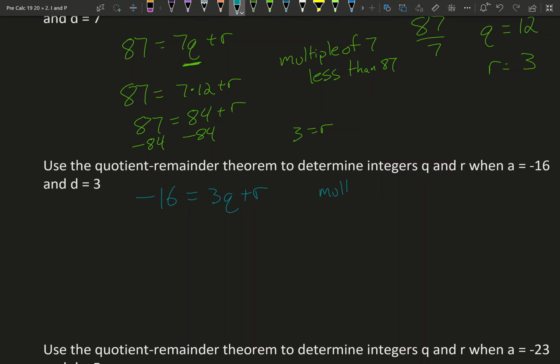We need to find our multiple of 3 that is less than negative 16. What trips people up sometimes is you take a look at this and go, oh, well, negative 16 divided by 3, well, we've got negative 5 with a remainder because negative 15, right, and then we go from there. That is not how it's going to work with our quotient remainder theorem. Our remainder has to be positive.